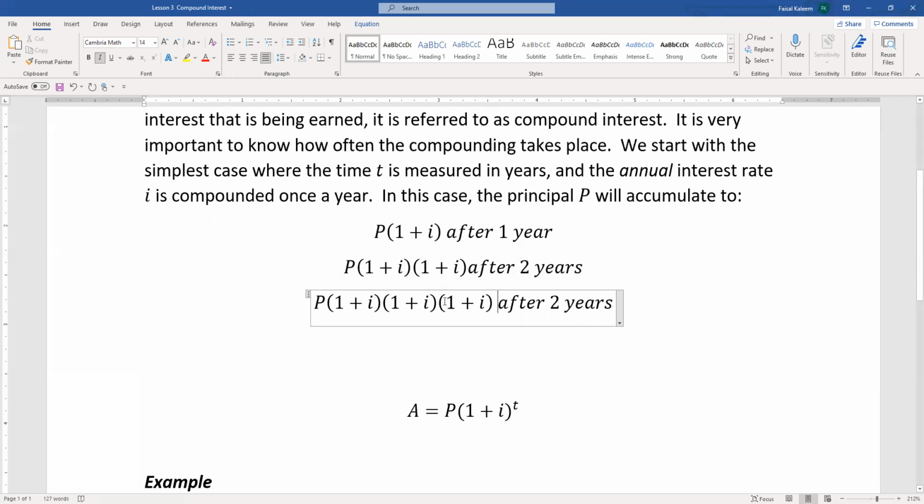You multiply it with another (1 plus I) to calculate how much it will rise to after the third year, and so on. And now we see the pattern.